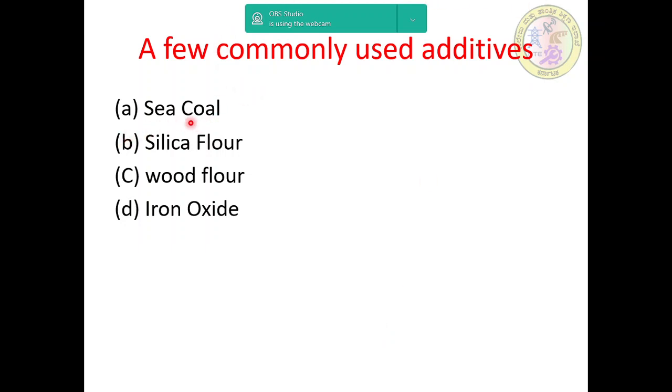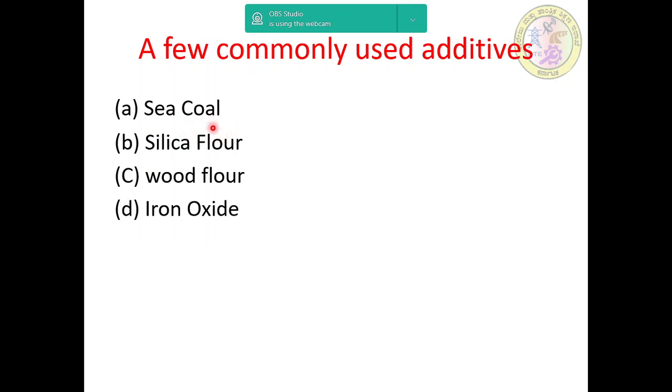Sea coal is finely powdered bituminous coal. Its addition may range from around 2 to 8% of the weight of sand. Adding sea coal to the molding sand enhances the peeling property of the casting.